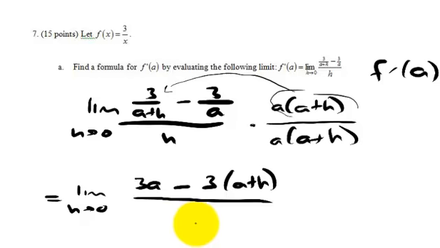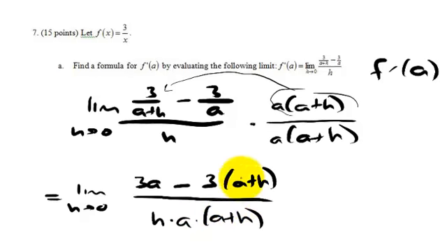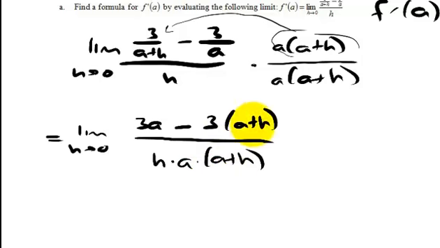Let me rewrite it like this: h times a plus h. Now do not cancel these, that's not how it works. Our goal was to simplify the top before canceling, if anything, on the bottom. Notice we're going to have 3a, then minus another 3a, because I'm going to distribute this negative.